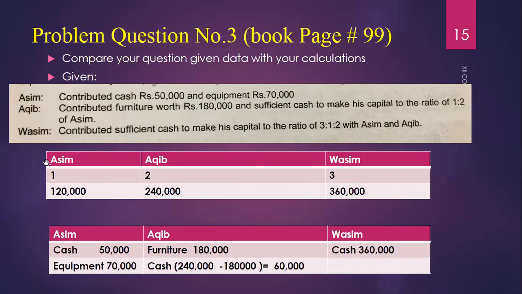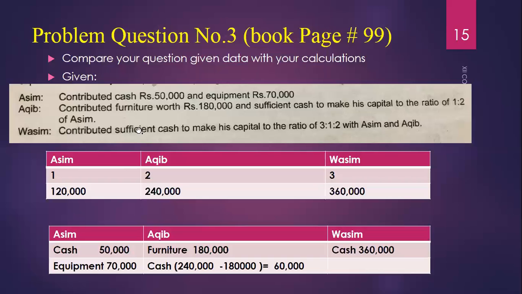If Asim has one ratio and his investment is 120,000, then Akif has 2, and if you multiply 120,000 by 2, you get Akif's investment.